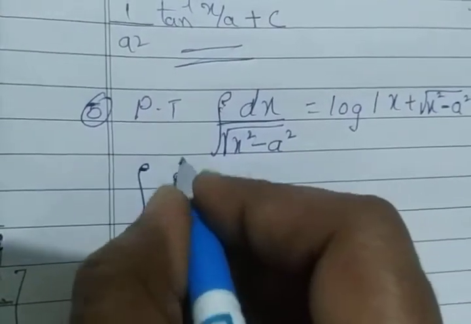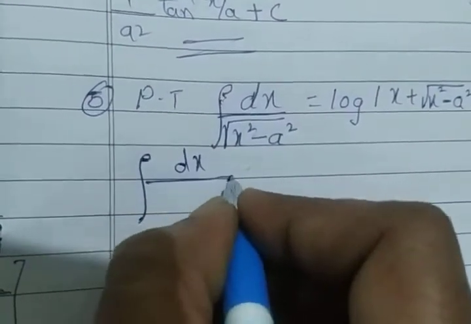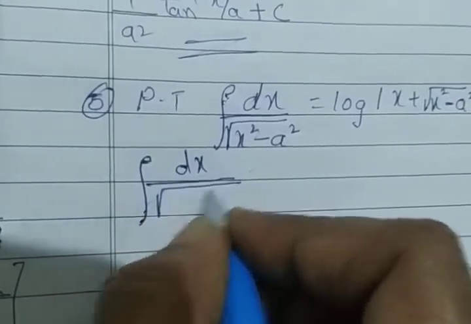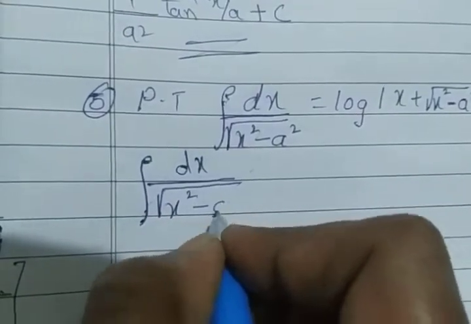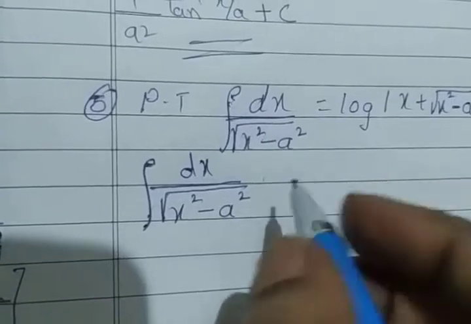Consider the integral dx divided by root of x square minus a square.